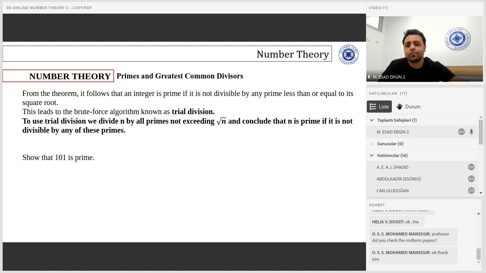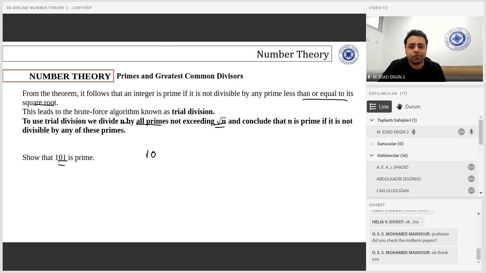From the theorem, it follows that an integer is prime if it is not divisible by any prime less than or equal to its square root. So we have to use trial division: we divide n by all primes not exceeding its square root. It is also related to this.